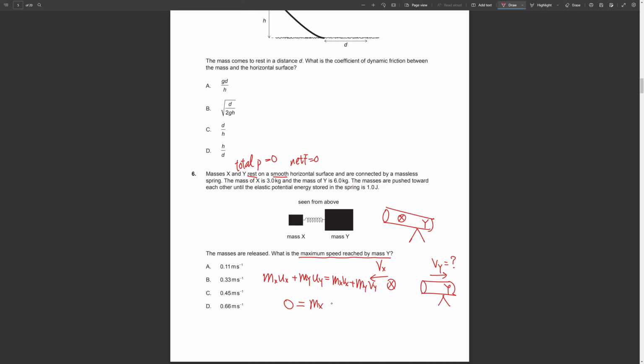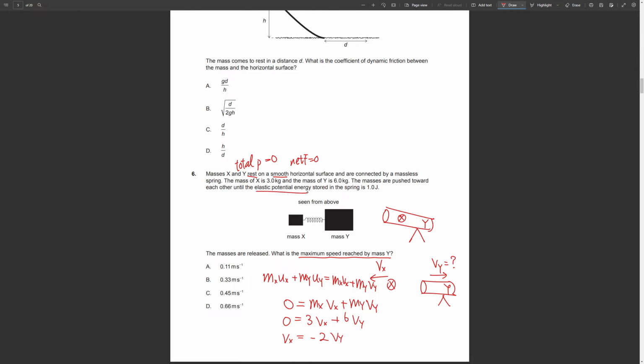So mx vx plus my vy makes it 0. And we know their masses as well, which is 3 kg for x and 6 kg for y. Therefore, Vx is negative 2 times Vy.